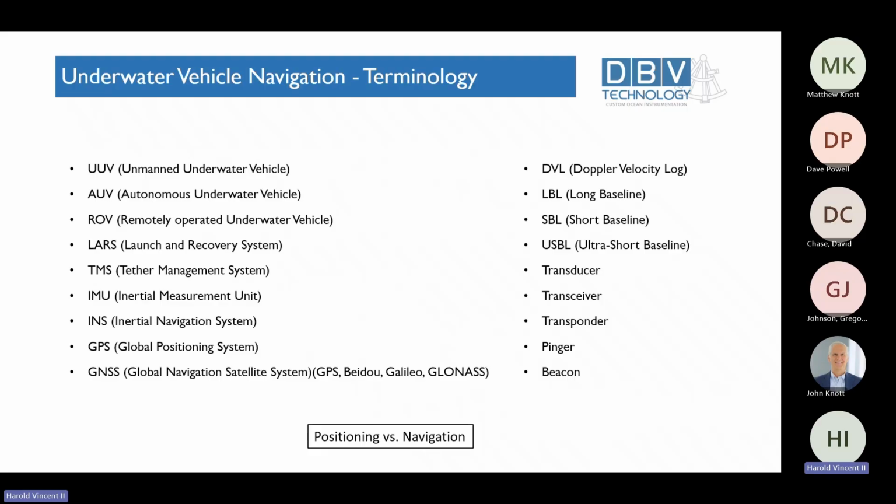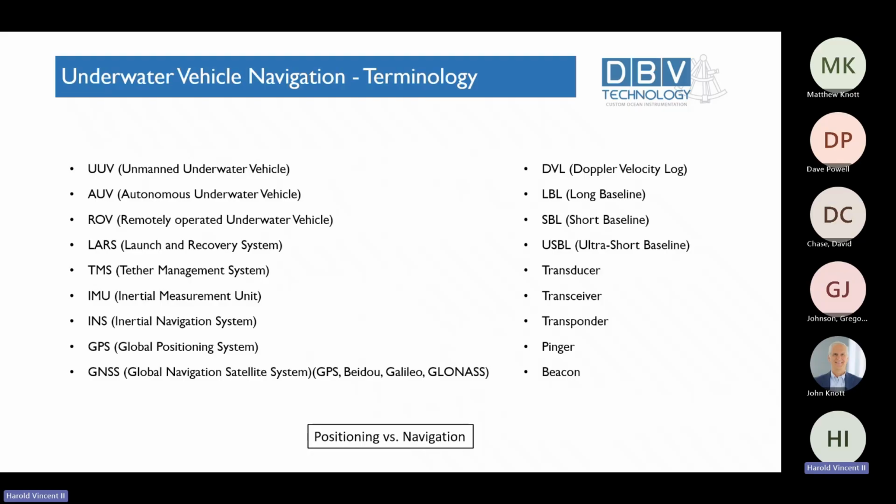And all of these positioning systems, whether they be long baseline, short baseline, or ultra short baseline, all have a transducer, a transceiver, and a transponder as part of their system configuration. So first, transducer, that is the physical device that converts electrical energy to sound, or sound to electrical energy.